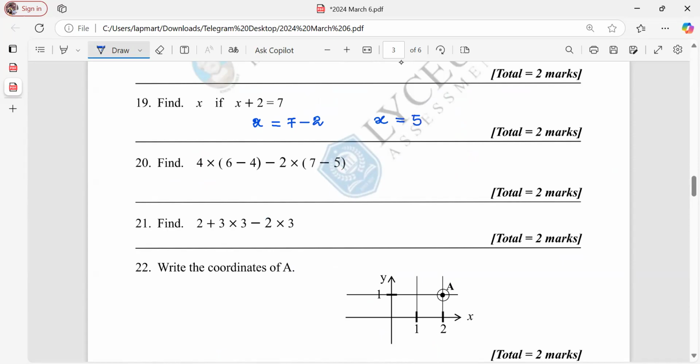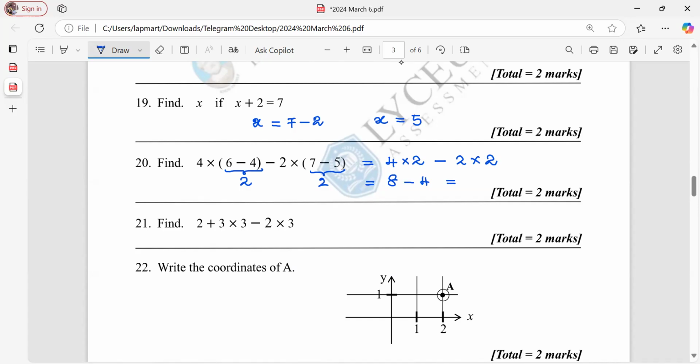Then the next one, first you solve the bracket: 6 minus 4 is 2, and 7 minus 5 is 2. So then we can rewrite this as 4 times 2 subtract 2 times 2. 4 times 2 is 8. 2 times 2 is 4.